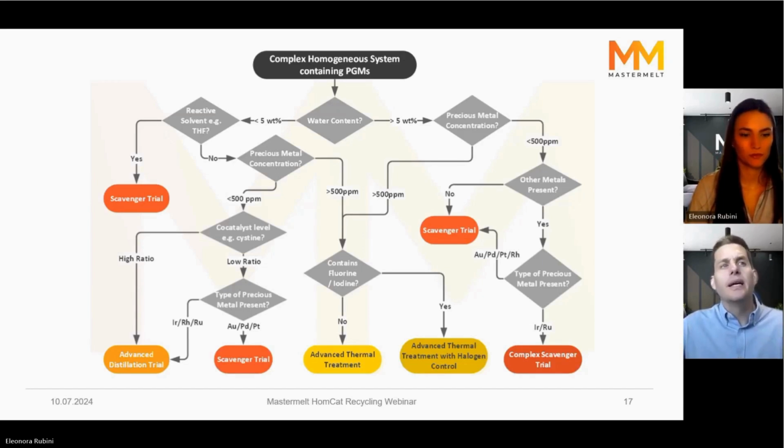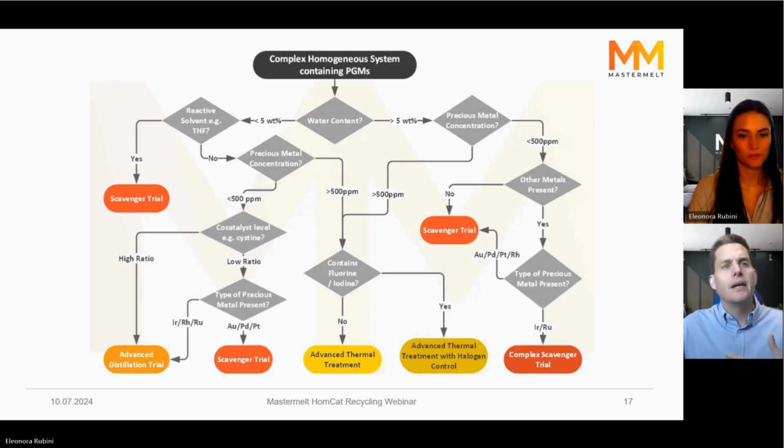It's worth noting that, okay, we say the best thing here is an advanced distillation trial, but in parallel, we'll be doing that work with the thought process that it's going to be the best, but we never write anything off. We want to also have a look at all the other options to make sure we're not missing anything and to make sure that the recovery is optimized.